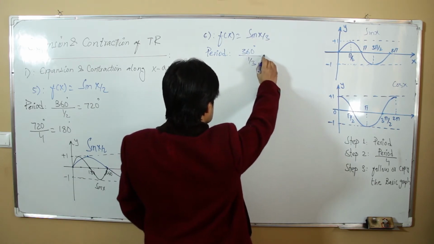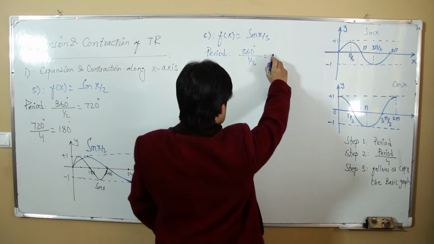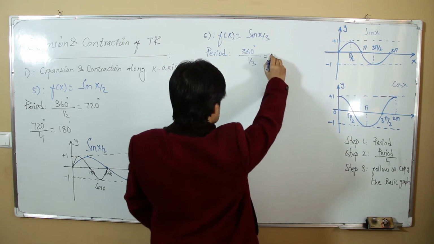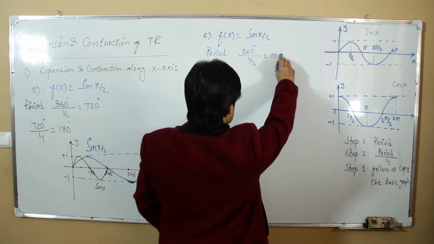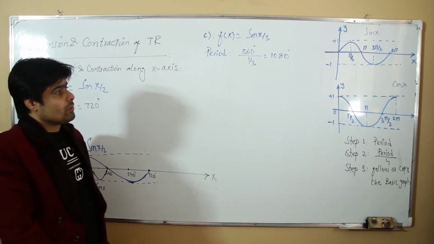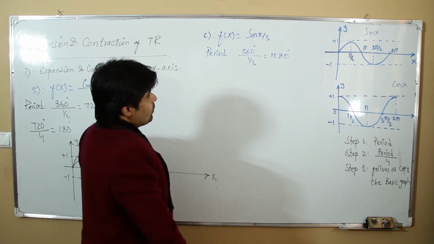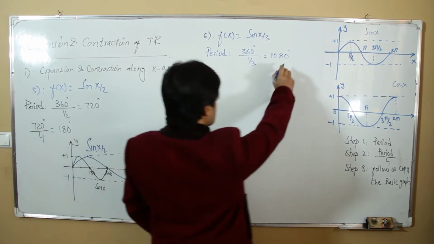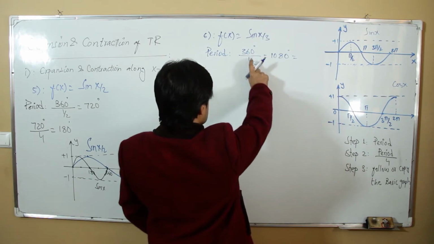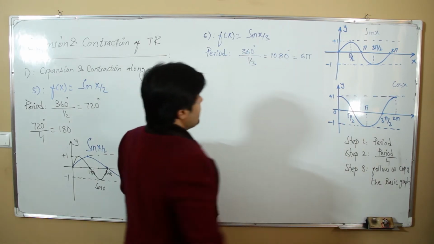So this 3 moves to the numerator. 3 times 360, I think 1080 degrees. Am I right or not? Yes. Or we can say this one is 2 pi, 2 pi times 3 is 6 pi.